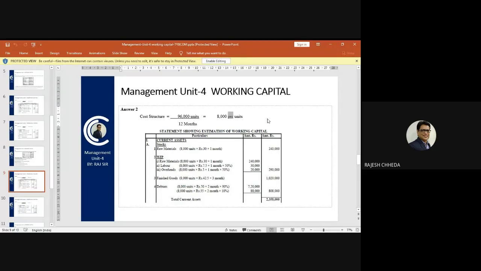So multiply by 10%. Do both of these calculations on the calculator and check that they are proper. Please do it fast. Yes, perfect. 8,000 into 50 into 2 months into 90%. Yes, sir, 7,20,000.